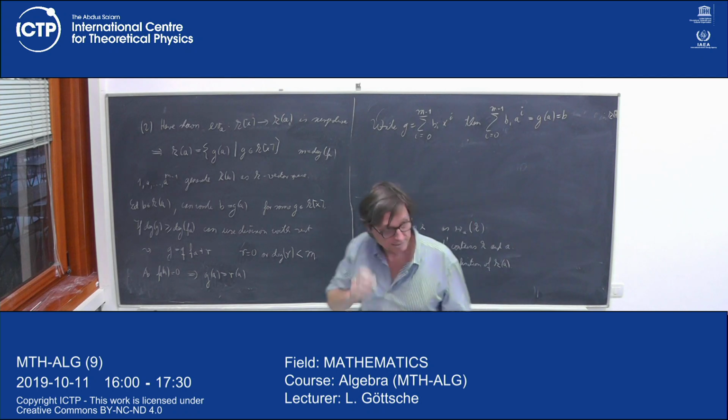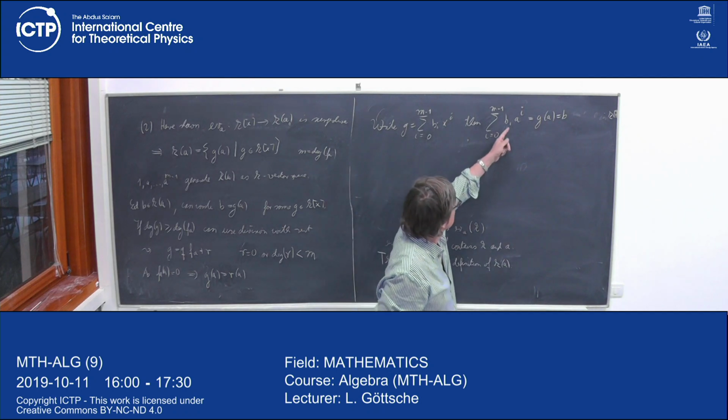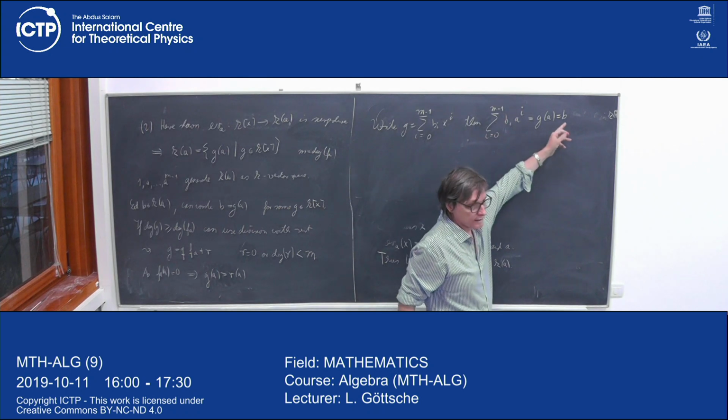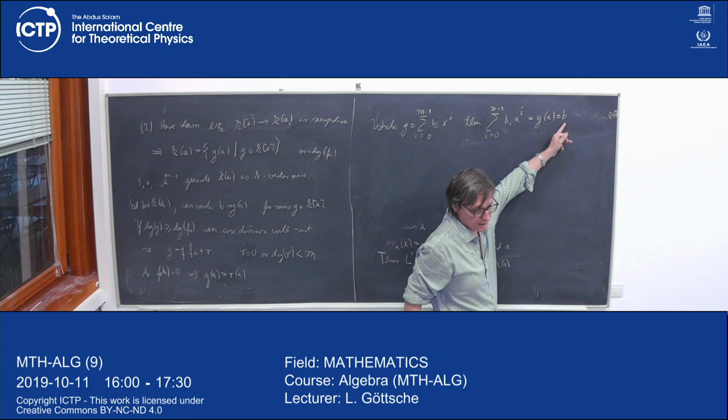And this means precisely that these elements 1 equal to a^0 until a^(m-1) generate, since b is a linear combination of these.